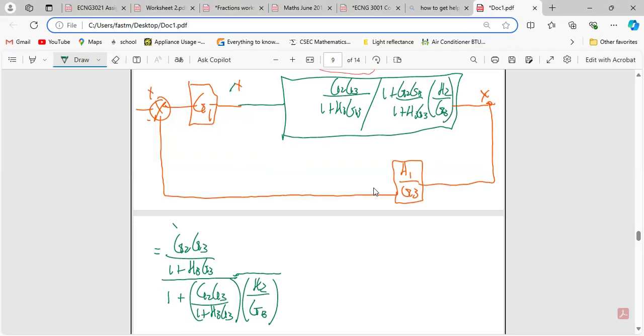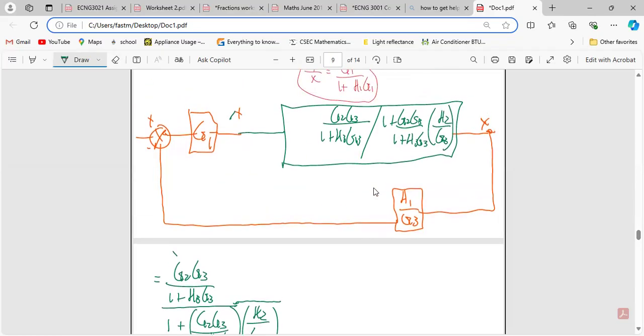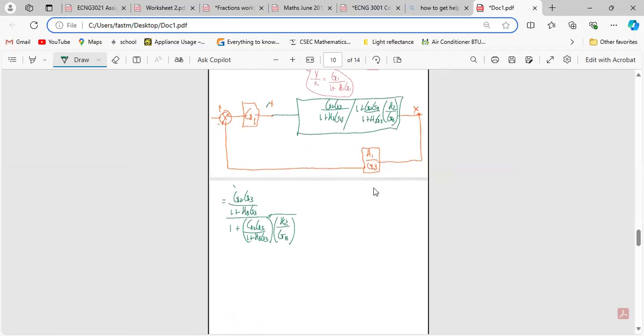Right, and now we repeat the same thing again, but now it has ended up as one big negative feedback loop. And then that'll be the final answer, Y over X. So these two are in series, so multiply it out.